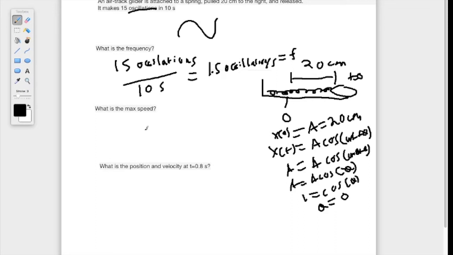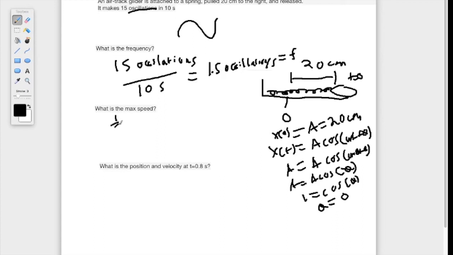Alright, so what is the max speed? So we are given the amplitude, and we are given the frequency. So without having to use the position function or velocity function, we can use conservation of energy.